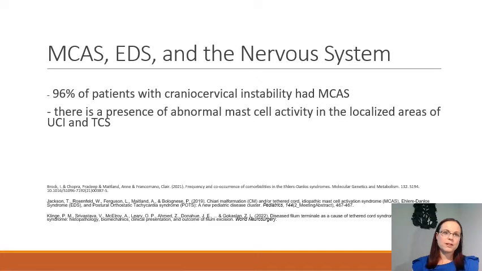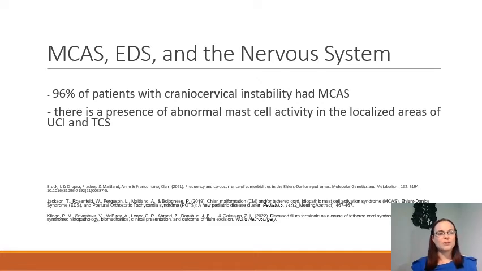It is really important to understand the mast cell component along with hypermobility in the nervous system. They're all intercorrelated. Working on one can really affect the other. In one study that they did recently, they found that 96% of patients that had cranial cervical instability had mast cell activation syndrome. So that's pretty important to understand that there's such a high correlation of that.